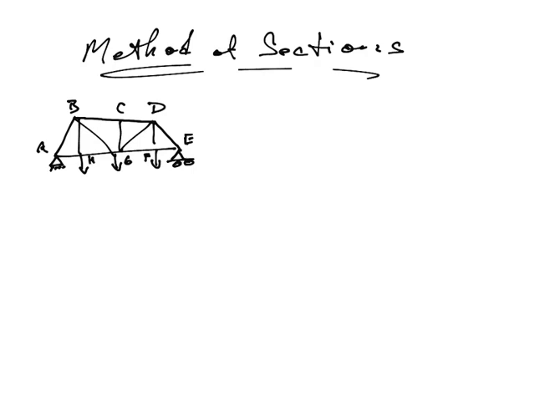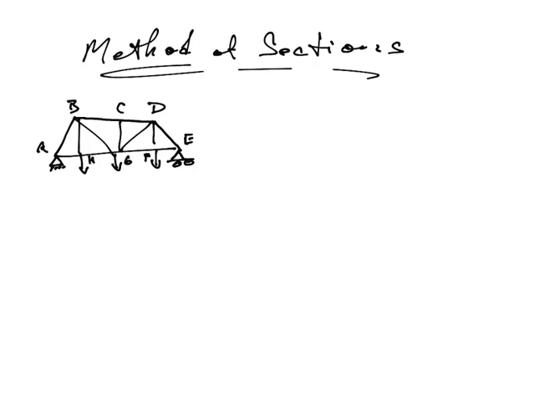Now this time what we'd like to do with the method of sections is slightly different. For the method of sections, we're going to solve for the force running through several members, magnitude and direction. We want to know, of course, how much force. We want to know if it's in tension or compression. But with the method of sections, instead of trying to find the force in every single member, it is, generally speaking, all about finding particular members.